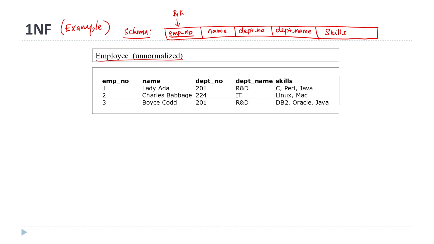Now, the rule says no repeating columns. There are no columns that are repeating. The rules are no repeating columns and no multi-valued columns.